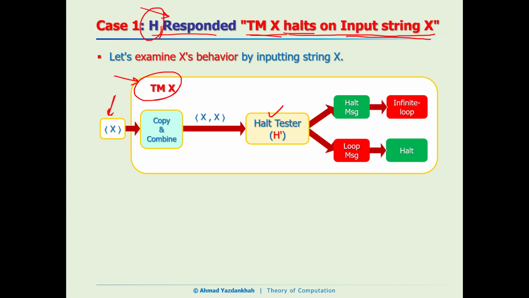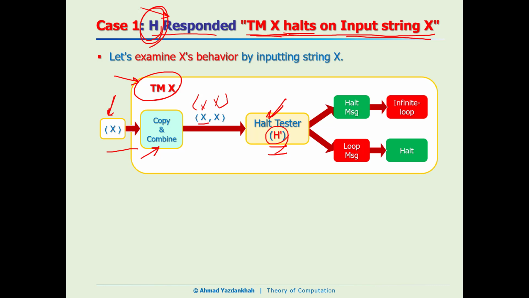Based on whatever we said before, this part will create XX and it will be inputted to H prime. And since H prime is a copy of the H, we expect that it responds exactly as the H. And H responded that Turing machine X halts on input string X.